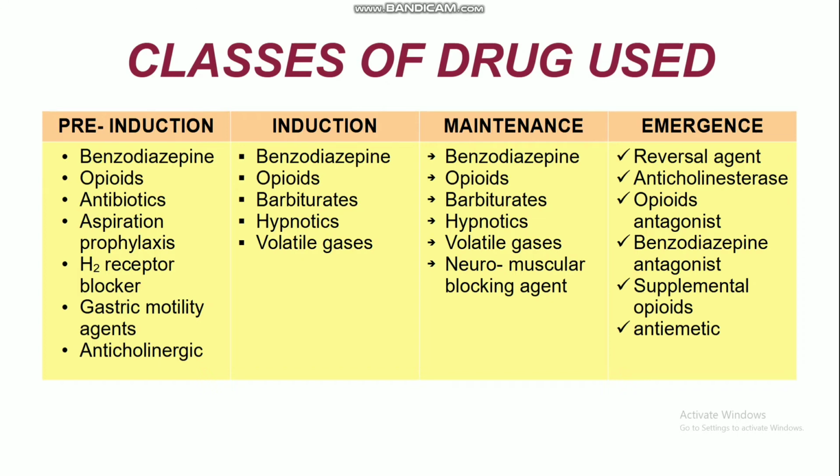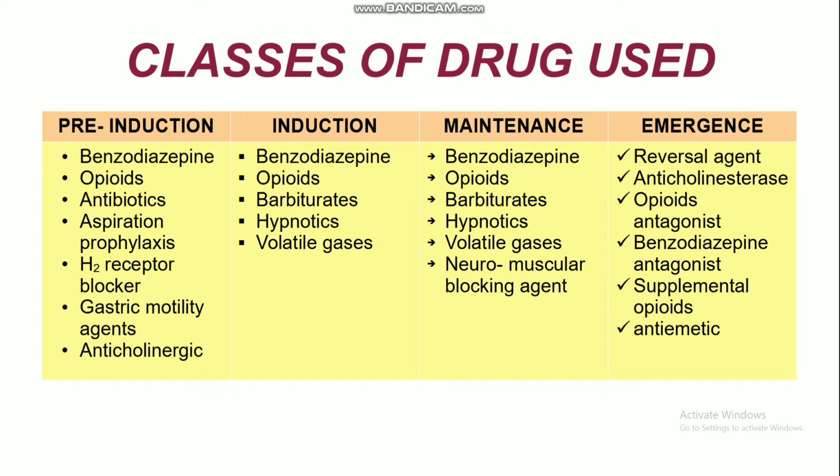And the induction phase: barbiturate, benzodiazepine, opioids, hypnotics, volatile agents, and opioid to relieve the pain. And in the maintenance phase: benzodiazepine, opioid, barbiturate, hypnotics, and volatile gases like nitrous oxide should be given to a patient.